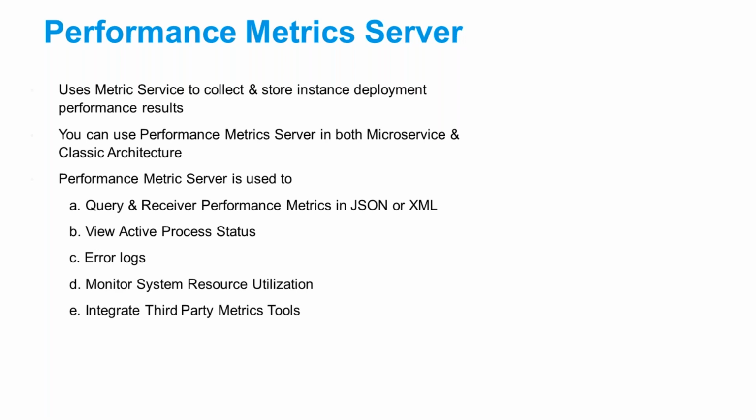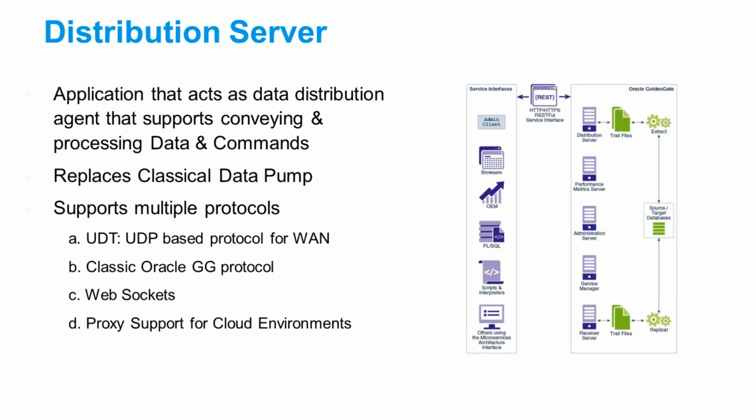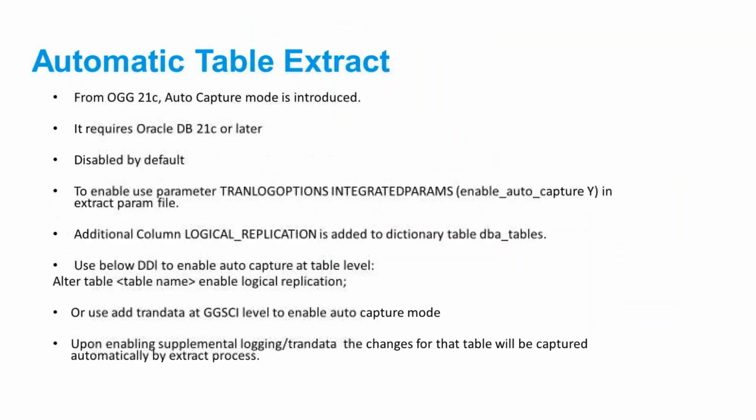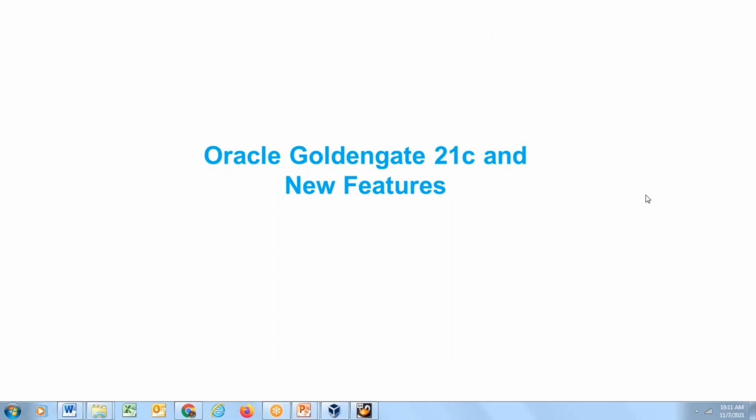You can use performance metrics in both microservices and classic. So these are the two types of architectures available in the Oracle GoldenGate environment: Oracle GoldenGate classic architecture and Oracle GoldenGate microservices architecture.